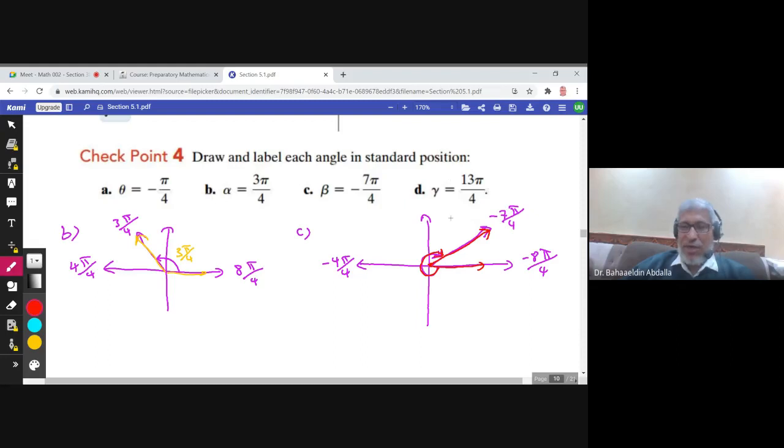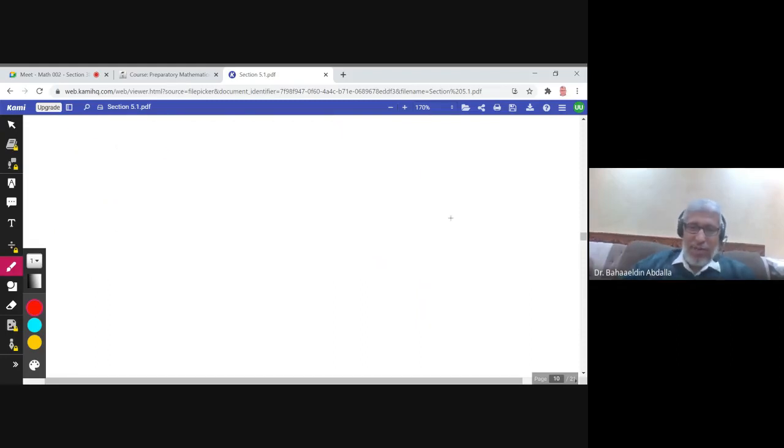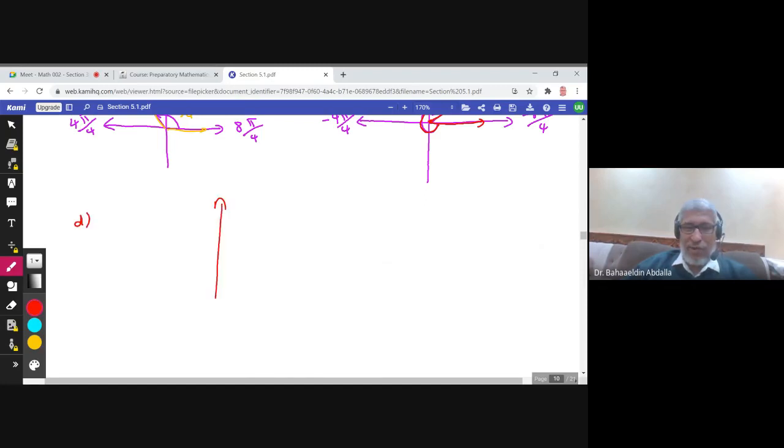Let us sketch the graph of 13 pi over 4. So this is D, 13 pi over 4. It's a positive angle, so I'll go in the positive direction. So this is 4 pi over 4, and then this is 8 pi over 4. And I continue. I add 2 pi to this. Remember that 2 pi is 8 pi over 4. You need to add 1 pi.